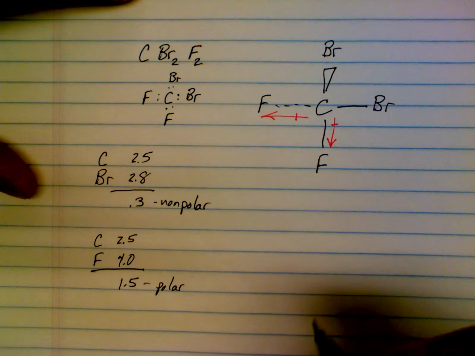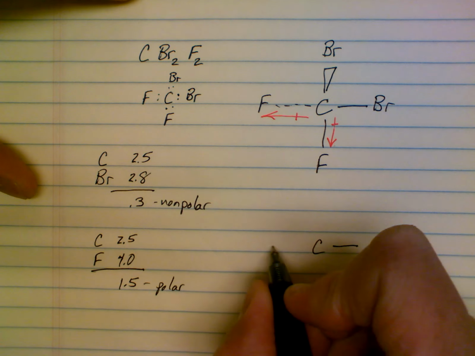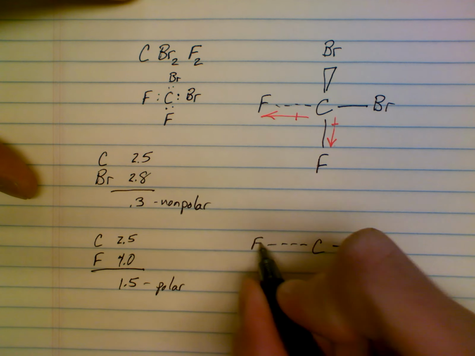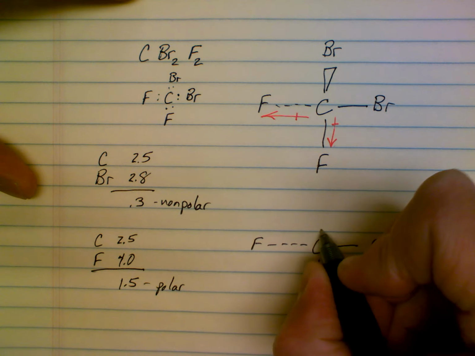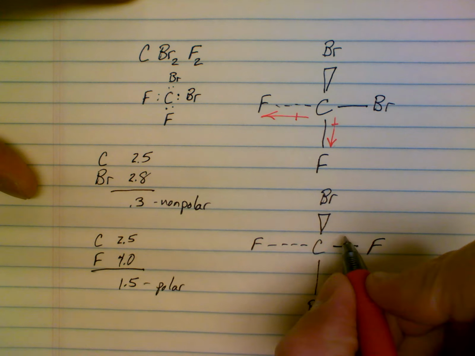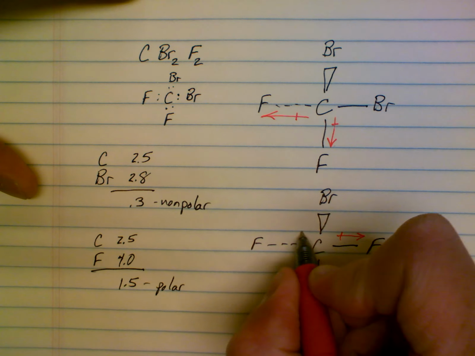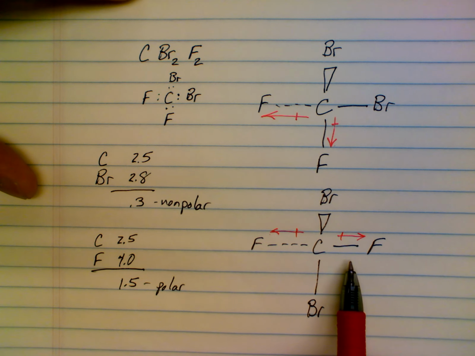Now you might think to yourself, well, what if I drew it like this? And then you'd have your dipole here and your dipole here. And you might say, well, if I draw it like this, then those two dipoles are directly opposing each other, therefore they'll cancel each other out.